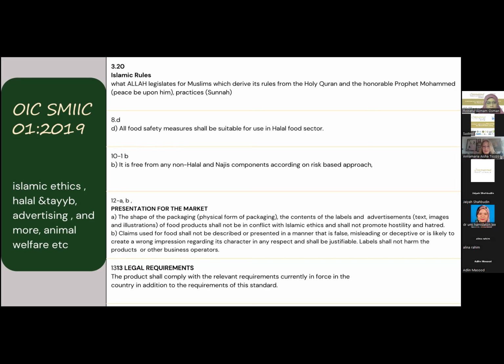The shape of the packaging, physical form or packaging, the content of labels, illustrations, etc. of food shall not be in conflict with Islamic ethics. Claims used for food shall not be described or presented in a manner that is false, misleading, or creates a wrong impression regarding its character in any respect, and shall be justifiable.